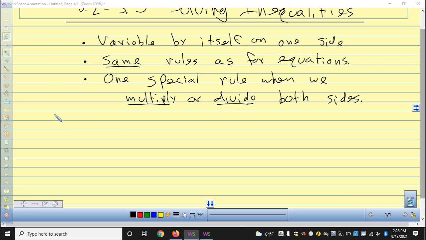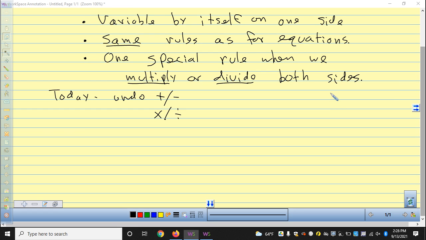So for today, the only kind of inequalities that we're going to work on is undoing addition and subtraction, and undoing multiplication and division. So we're doing what we call one-step inequalities. We either add or subtract, or we multiply or divide. All right, so I just want to start looking at some examples.